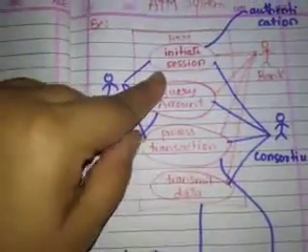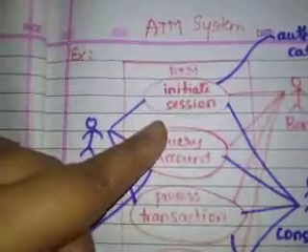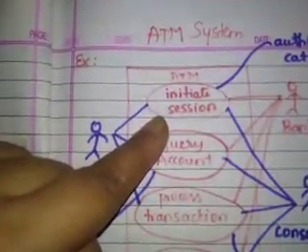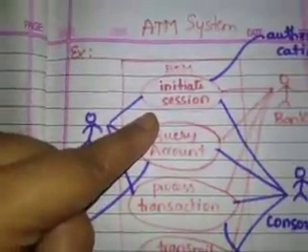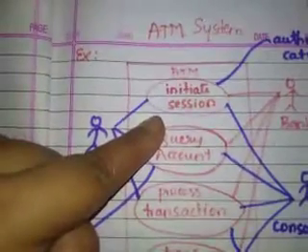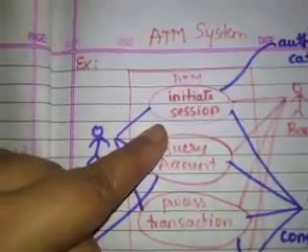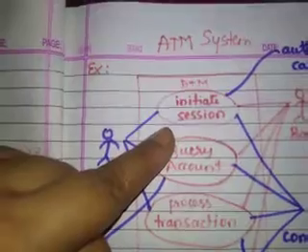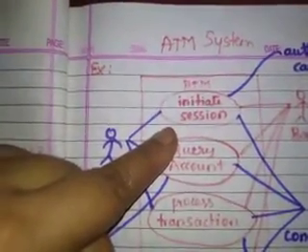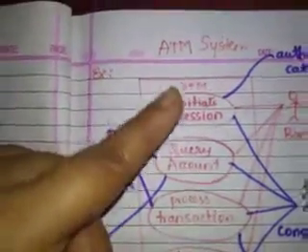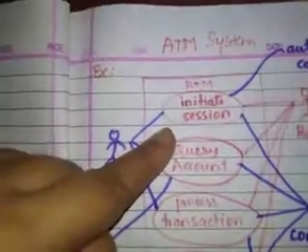The different behaviors when the session is initiated are: the customer might have inserted a card which has expired, or a card which was given to him on an account which has already been closed, or he might have entered the wrong PIN.